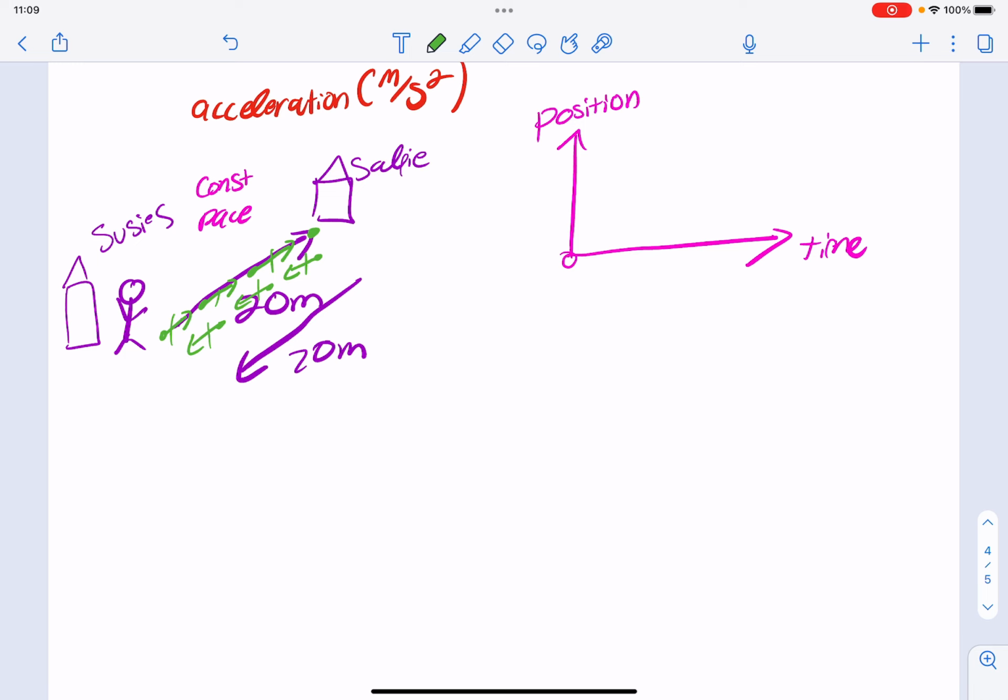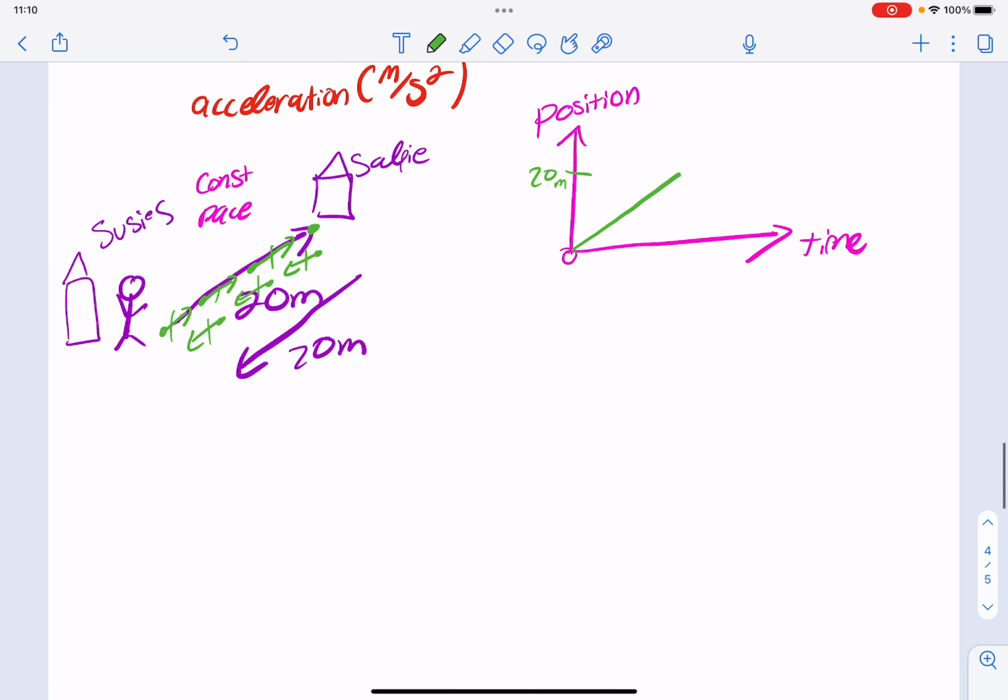Okay? Now, let's graph that position. So she moved up 20 meters because she made it all the way to Sally's house at a constant pace, right? So she'd be moving at the same rate all the way up to 20 meters. We don't really know how much time passed, but we always assume that time goes forward. Now, when we come back down, all the way back, we moved at the same rate.